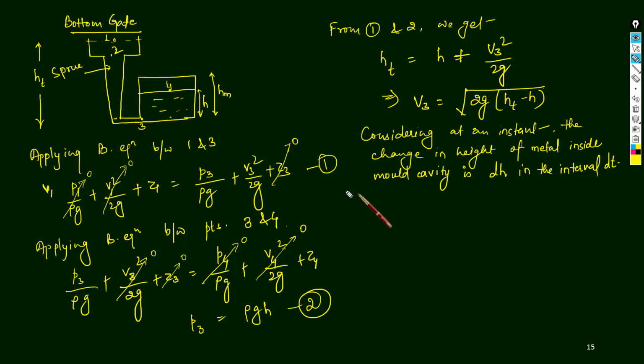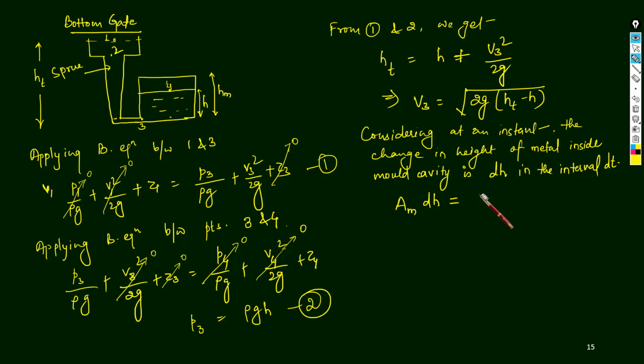Okay, so can we write, if we equate the volume which is increased. So when it is increased here, if this has the area Am, and we calculate with dh, then this is the increase in volume inside the mold cavity. Are you getting it? Where Am is the cross sectional area of the mold cavity. Now in dt time, how much molten metal has entered, that is equal to this one.